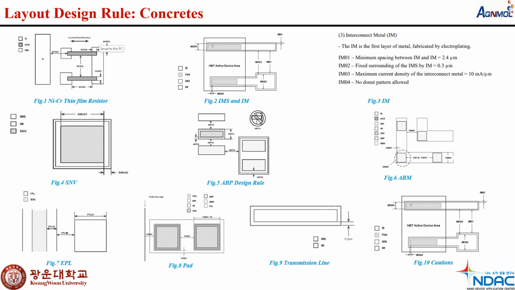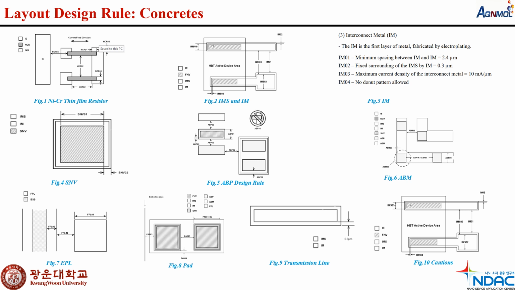In figure number 1, this is the layout design rule for the nickel chromium thin film resistor, and some parameters are included which are not specified in this slide. In the second figure, we can see the interconnect metal sheet, in short IMS. The IMS is a layer that is patterned before sputtering the sheet metal for electroplating.